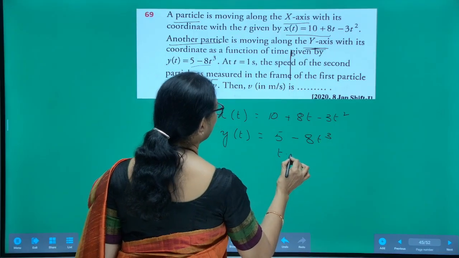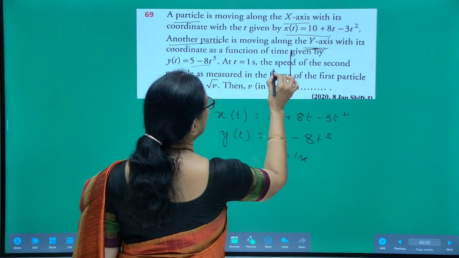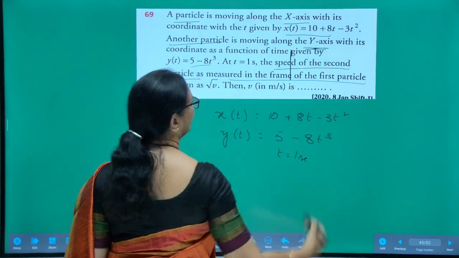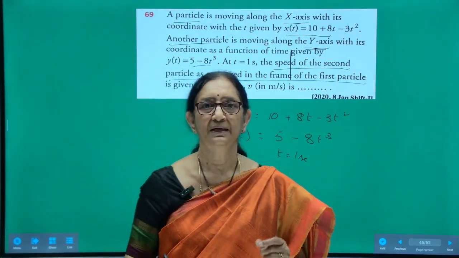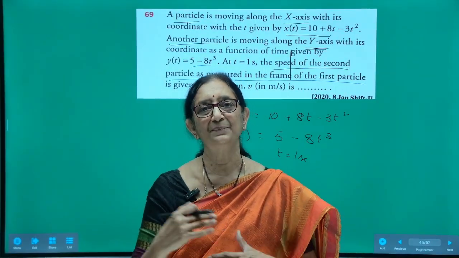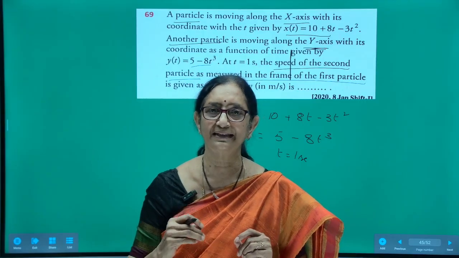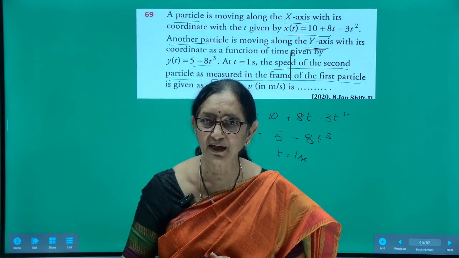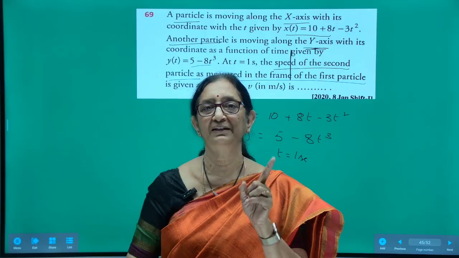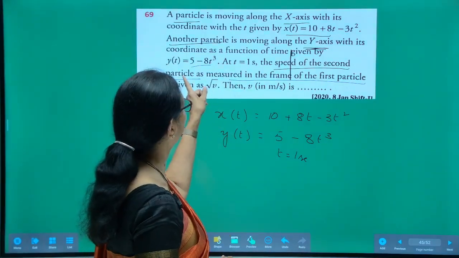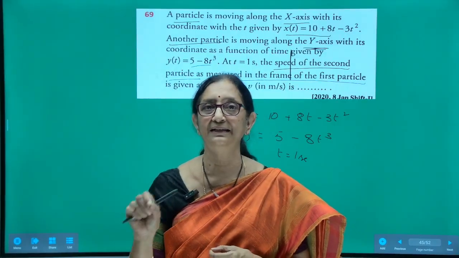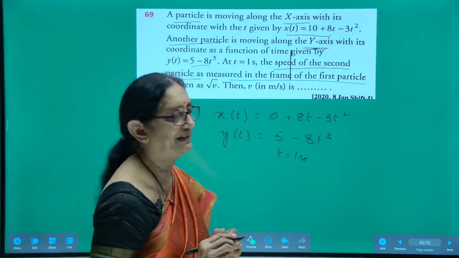At t equal to 1 second, the speed of the second particle as measured in the frame of the first particle is asked. So relative velocity of the second particle with respect to the first particle is asked.